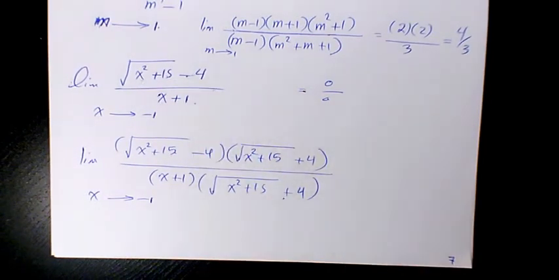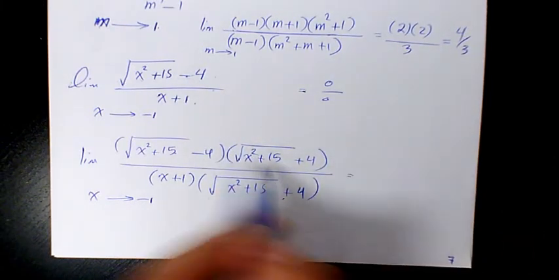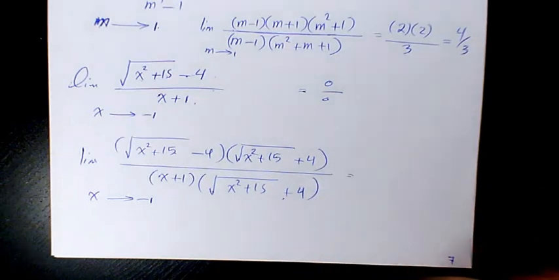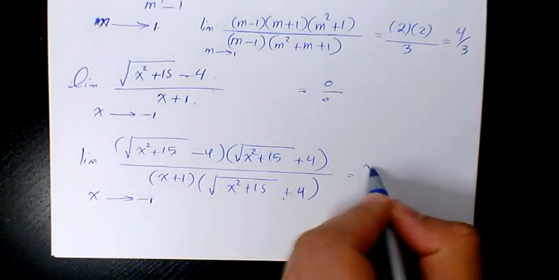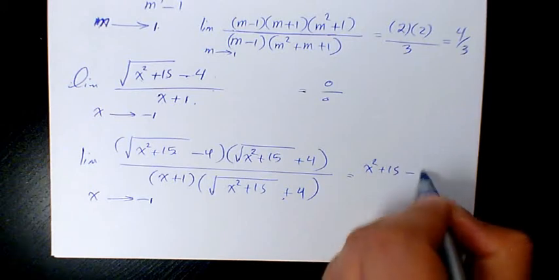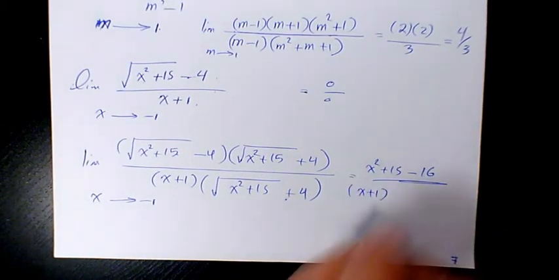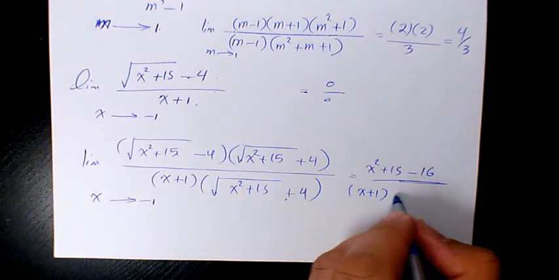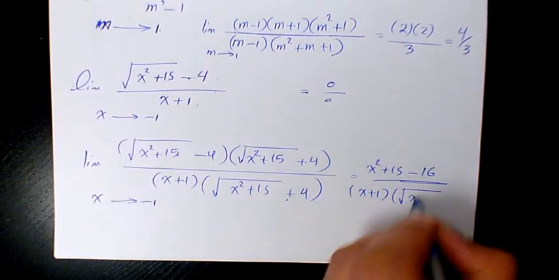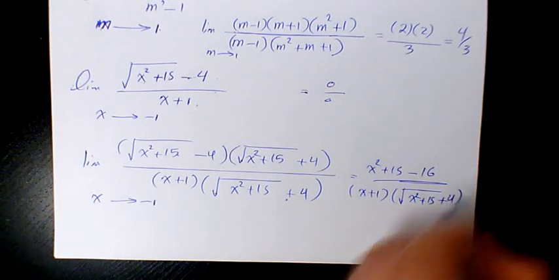It means that I multiplied both the numerator and denominator by the conjugate of the numerator. When you multiply them, it's like a difference of squares. It's going to be x squared plus 15 minus 16 over (x plus 1) times (square root of x squared plus 15 plus 4).